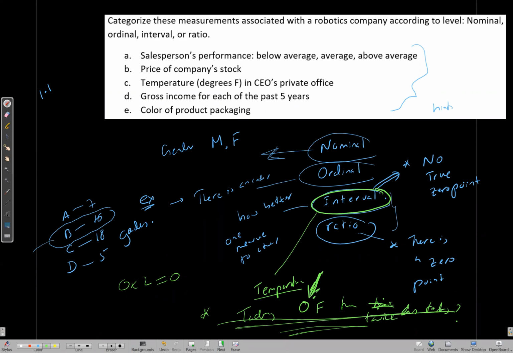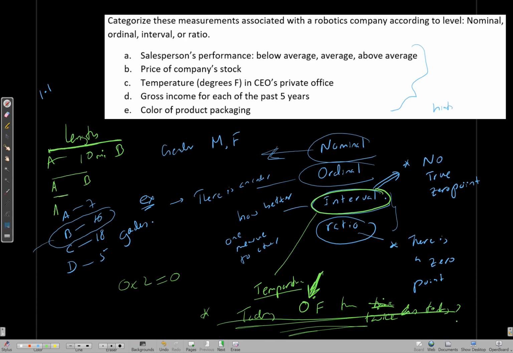This 0 does not mean there is no temperature, right? If I say the length between A and B is 10, that means there are 10 miles between A and B. If I say 5, a little less. If I say 2, a little less.